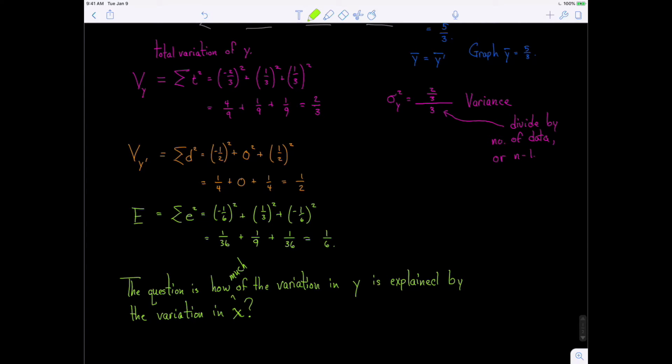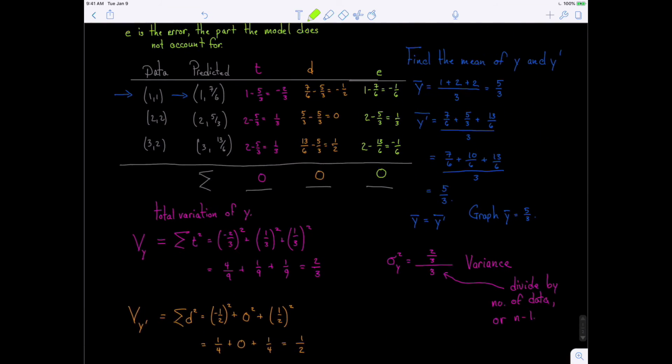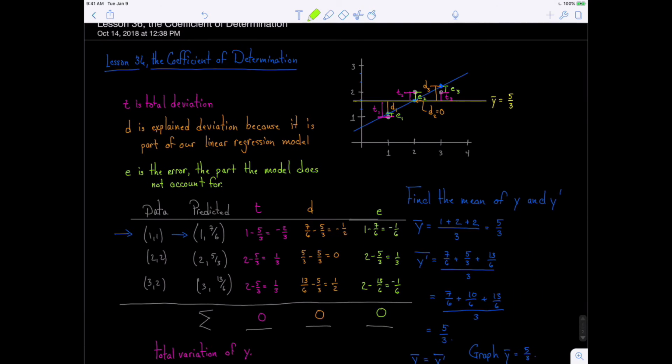In other words, if we know our x's and we create a model, there's imperfection in our model. The imperfections are all the little errors. That's what we missed, where we were slightly off. And all of the d's, that's where we got it right.